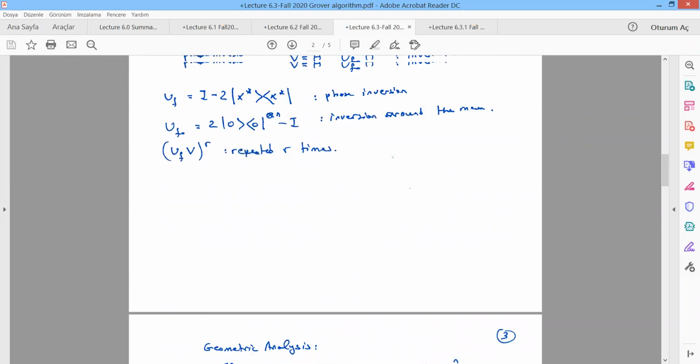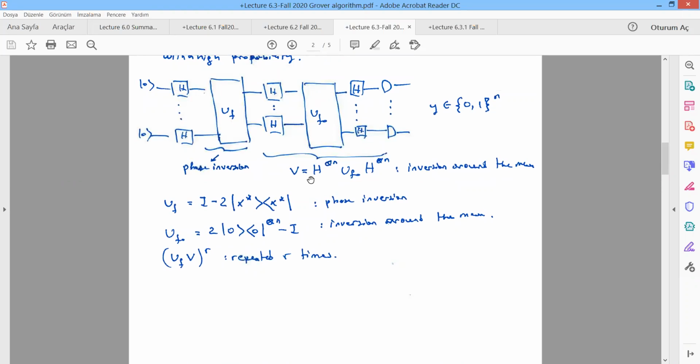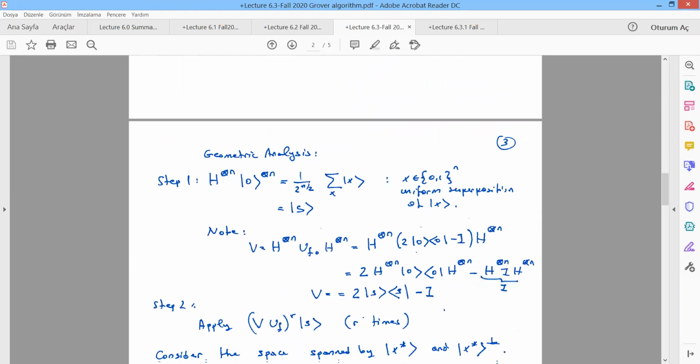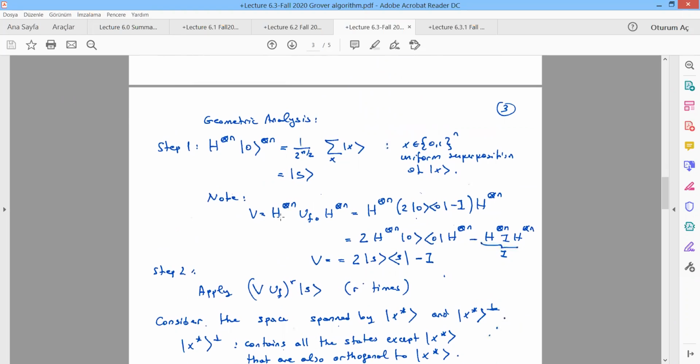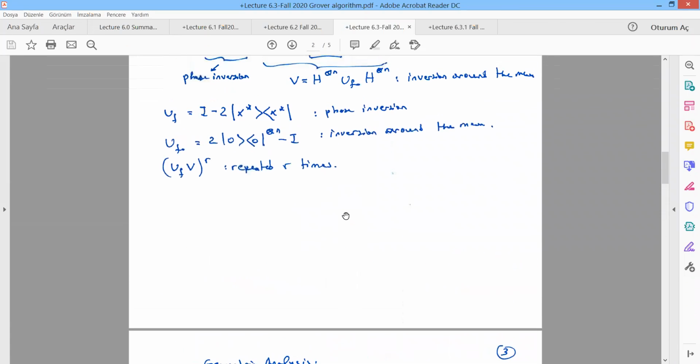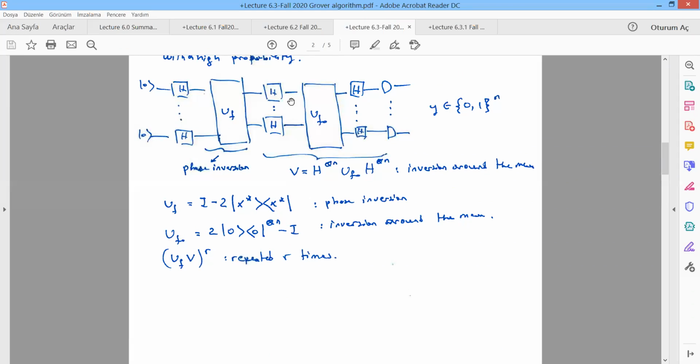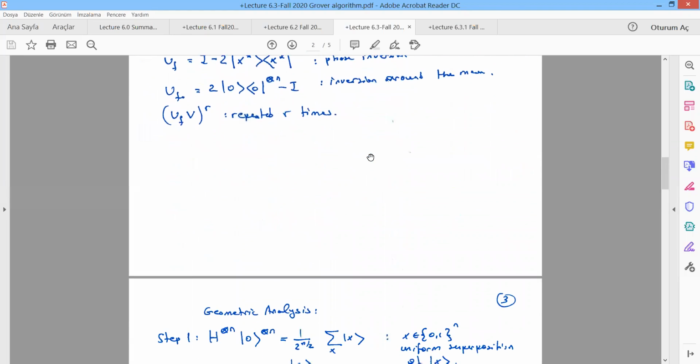Let's work out exactly what this inversion around the mean operator V does. This inversion around the mean operator was H tensor n, U sub F0, H tensor n. Now we are talking about this part of the circuit, H tensor n times U sub F0 times H tensor n.